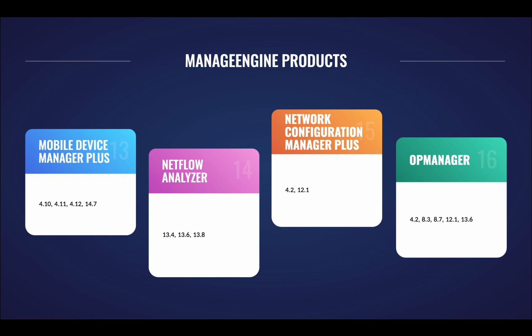OpManager in Controls 4.2, 8.3, 7, 12.1, and 13.6. It can monitor your infrastructure. So any IP device can be monitored from OpManager for its availability, and custom SNMP monitors through MIBs. We have 50,000 plus vendor templates.